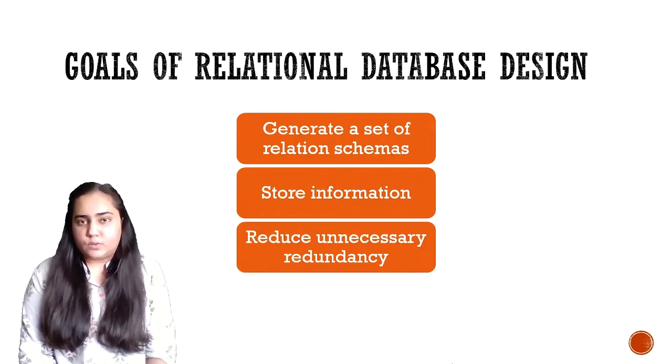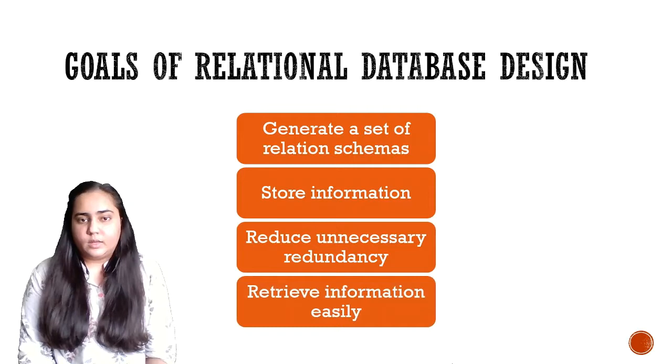And this is unnecessary, because you can create a design that is more efficient than that. So you can learn to do this. You can learn to remove this unnecessary duplication or redundancy by studying relational database design. And the last goal is to retrieve information easily.